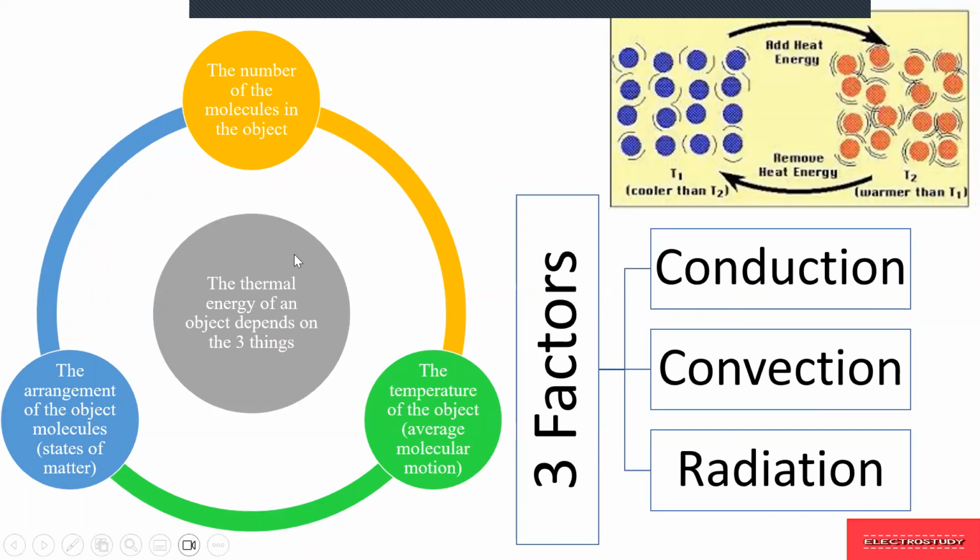Thermal energy depends upon the number of molecules in an object, whether more or fewer, hot or cold. It also depends upon the temperature of the object, whether it is hot or cold. And it depends upon the arrangement of the molecules, so what state of matter it is. All these depend upon how the thermal energy is being generated.